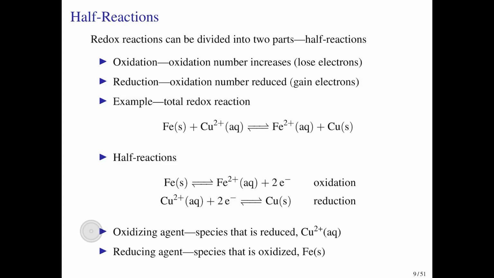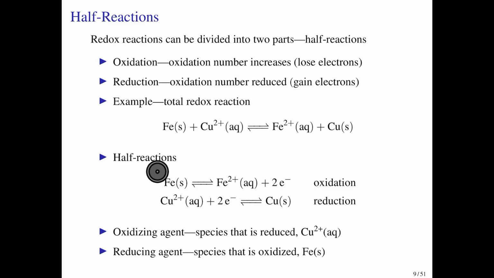The way I like to remember it is I say that the oxidizing agent is reduced, and I always say it to myself in that same way so that I don't forget the rule. Conversely, the reducing agent causes reduction to occur, and in the process, the reducing agent is oxidized. So the oxidizing agent is reduced, the reducing agent is oxidized.